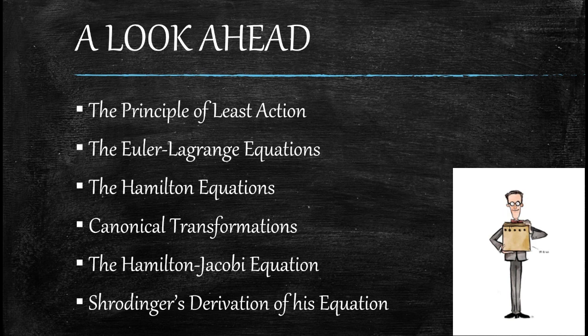The Hamilton-Jacobi equation is the starting point of Schrödinger's derivation. Because it's not really covered a lot in mechanics classes, I will devote some of the time discussing how to get it from the more familiar Newton's second law. Only then will we be able to proceed with the derivation of Schrödinger's equation.